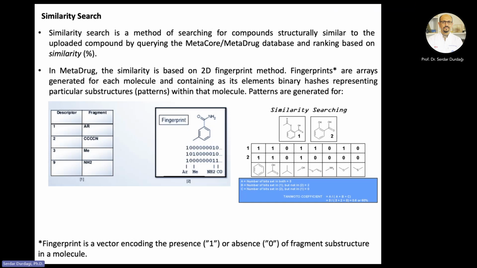The number of bits set in both is called A. The number of bits set in 1 but not in 2 is B. The number of bits set in 2 but not in 1 is C. The formula is A divided by A plus B plus C. If you do this, you will get 0.6, which means these molecules are 60% similar to each other based on the Tanimoto coefficient.